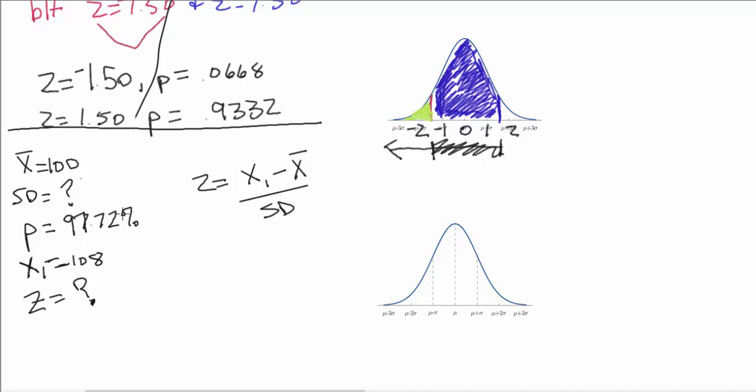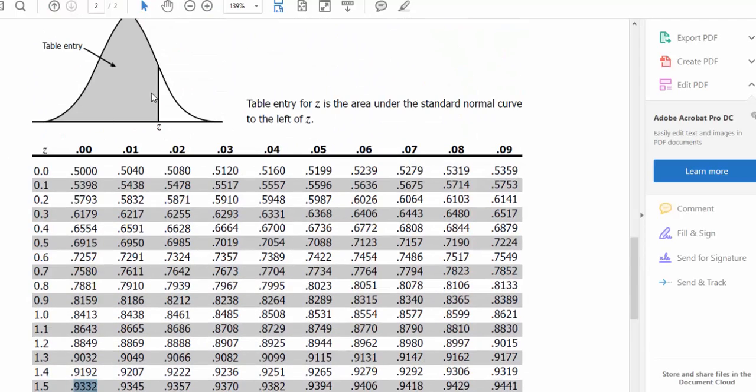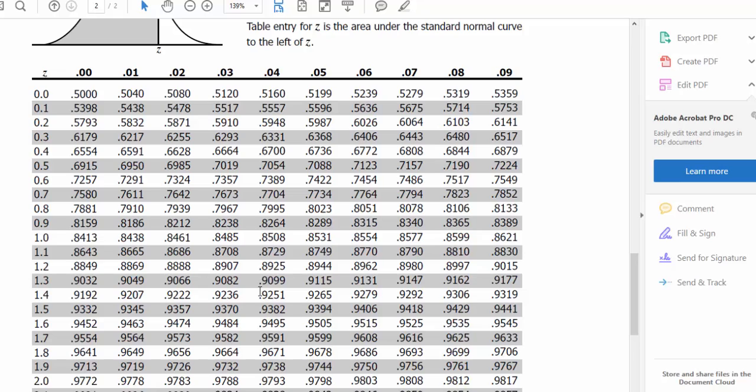So let's pull up that table and let me show you what I mean there. Now, remember, this is actually giving us the area to the left of z. So if we can look down in here and find 97.72, we can get our associated z-score.